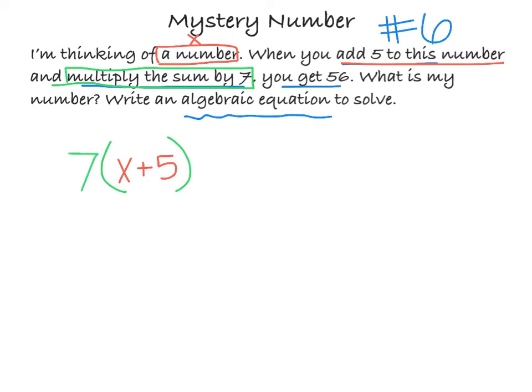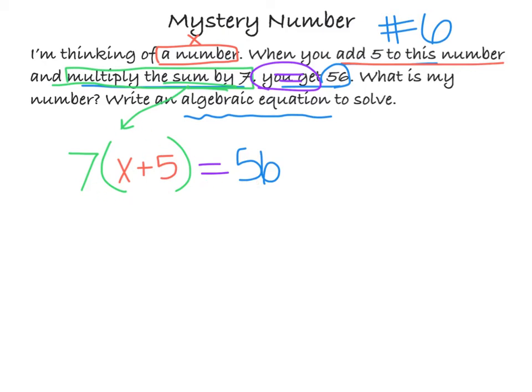And we know from previous work that tells us we're going to need some parentheses there, right? We're not just multiplying x by 7 or 5 by 7. We're multiplying the sum of x and 5 by 7. And then you get, so we know that's going to be equals 56. And that's just going to be on the right-hand side of our equation. Okay, when we add 5 to our mystery number and multiply the sum by 7, we get 56.